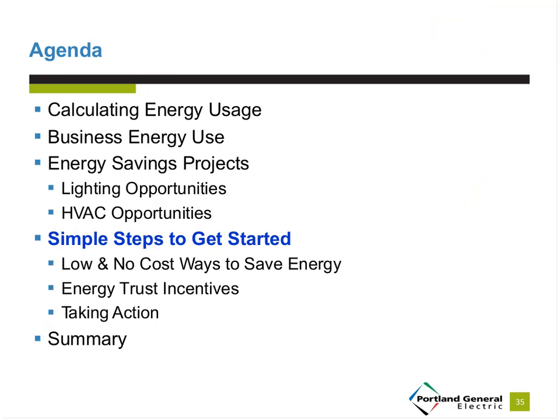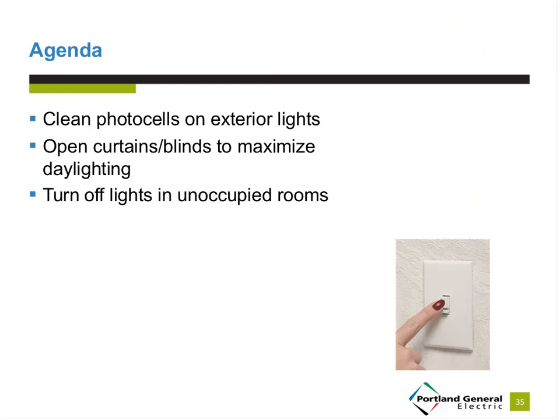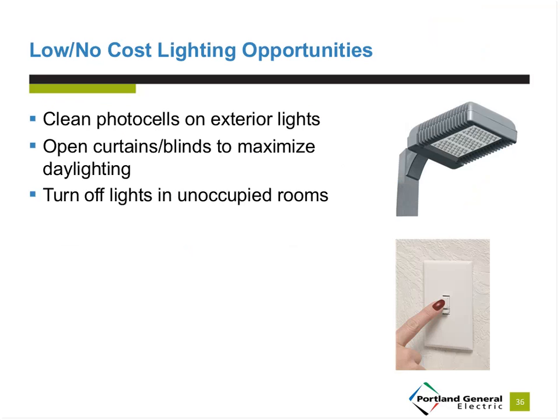Okay. Next, simple steps to get started. Low cost and no cost opportunities. If you have a parking lot at your place of business, and you have parking lot lights on during the day, during sunlight, that's a common thing that happens, and it basically is the photocell.